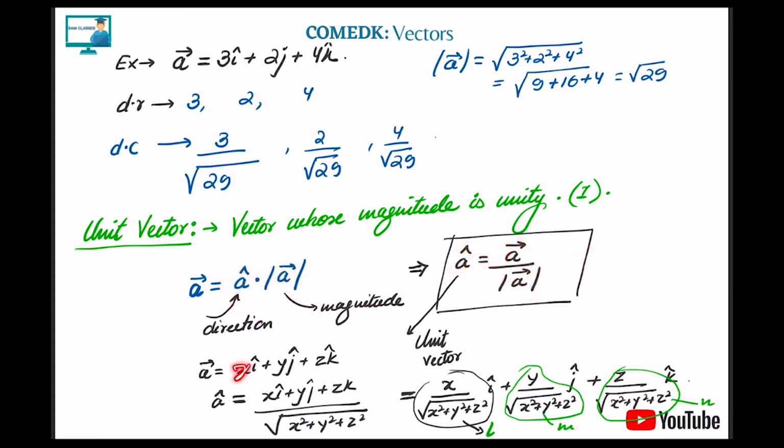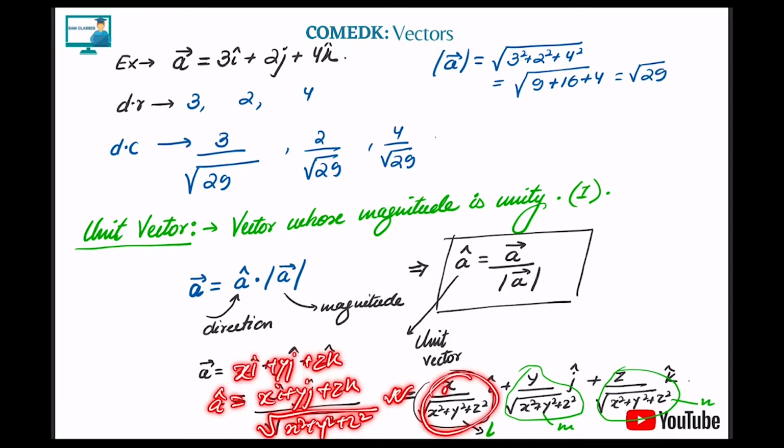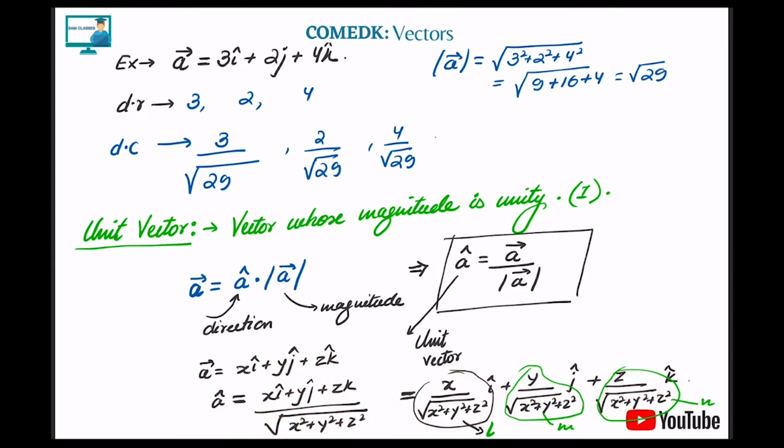So we have taken a vector x i cap plus y j cap plus z k cap. What will be the unit vector? Take that vector divided by its magnitude, root under of x square plus y square plus z square. We can write it separately: x by root under of this whole thing plus y by root under of this whole thing plus z by root under of this whole thing. Correct? Simple.